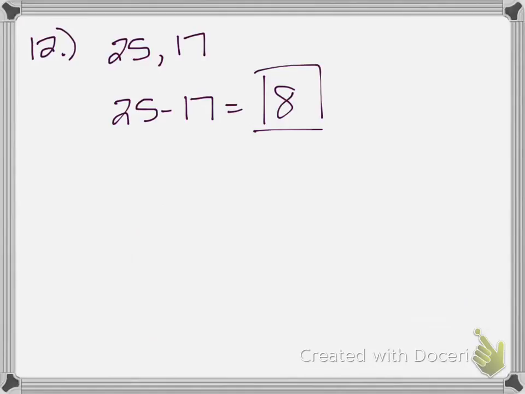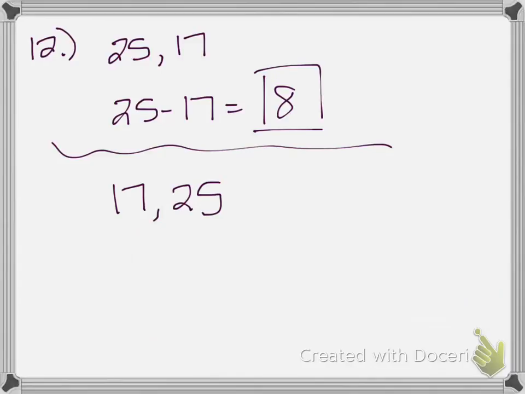Now, I will tell you what could potentially happen on your test. What if they gave you the numbers in reverse order and said, find the distance between 17 and 25? I always have students that go, oh, well, I just subtract. That gives me negative 8. This is a distance problem.